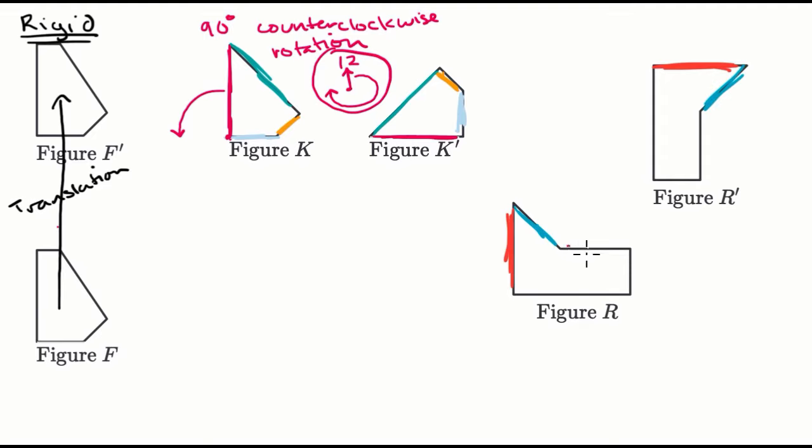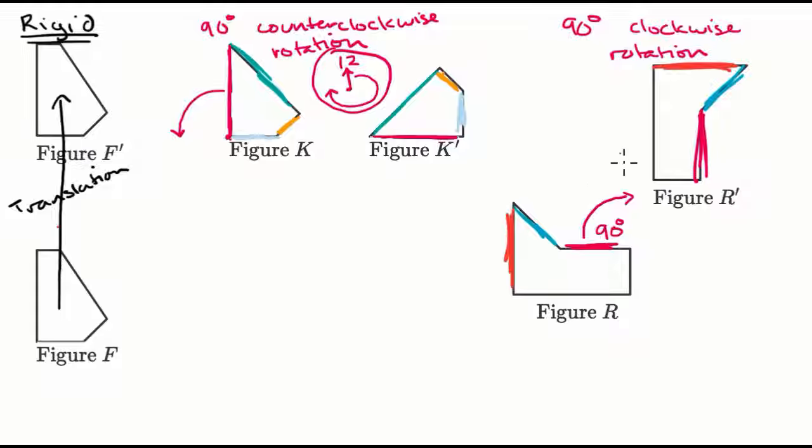And that side looks a lot like that side. And to go from figure R to figure R prime, it looks like you're doing another 90 degree rotation. But this time, we're going in the same direction as the hands of a clock. So this looks like a 90 degrees clockwise rotation. We're going in the same direction as the hands of a clock.